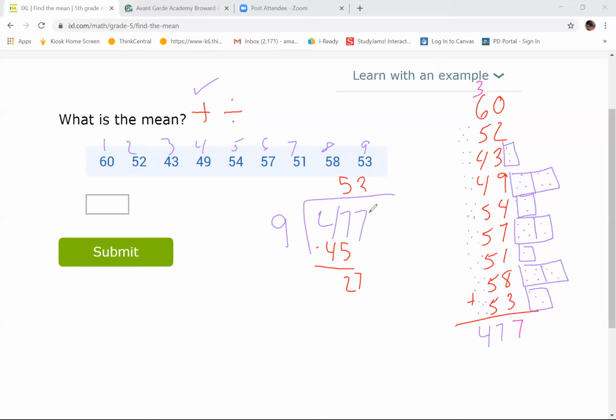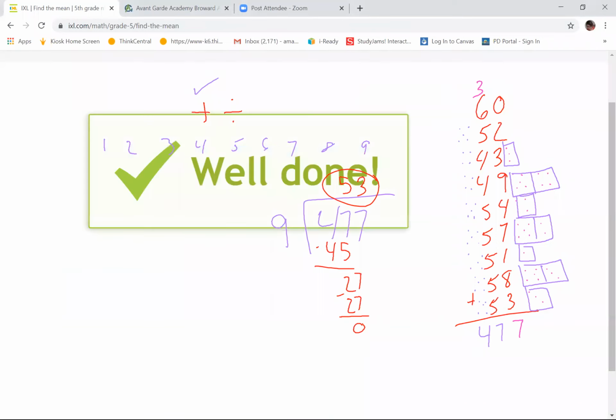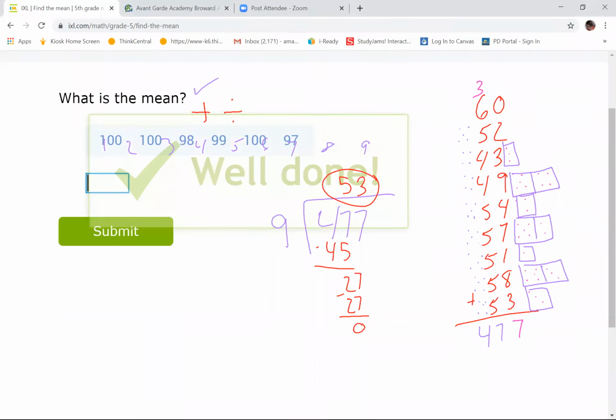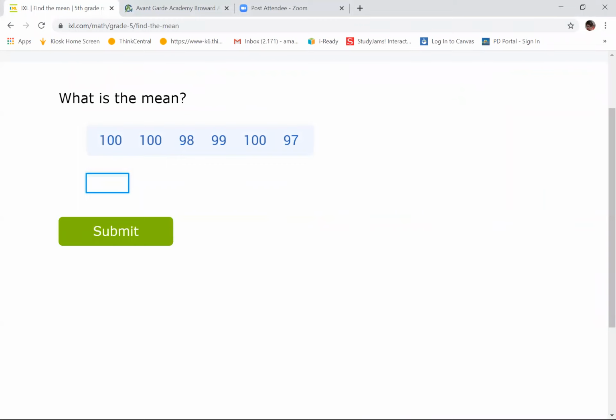Oh, it's a 3. 3 times 9 is 27. Well, that was easy. So what is my mean? 53. 53 is the average. It's the mean. Well done. Okay, I want you to try this one now. Get your paper and pencil, pause the video, and let's see what you get.